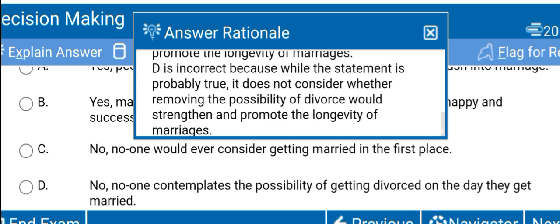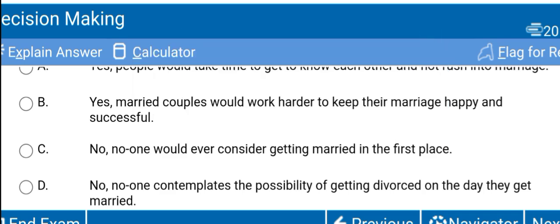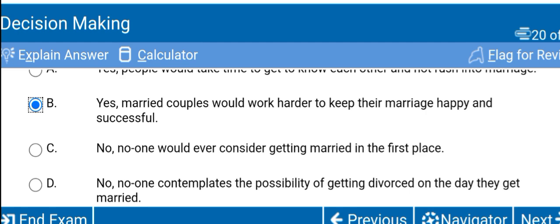And option D is incorrect because while the statement is probably true, it does not consider whether removing the possibility of divorce would strengthen and promote the longevity of marriages. So here we have correct option is option B, which says yes, married couples would work harder to keep their marriage happy and successful.